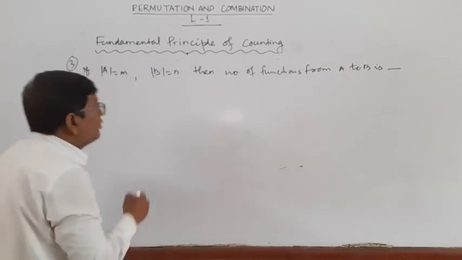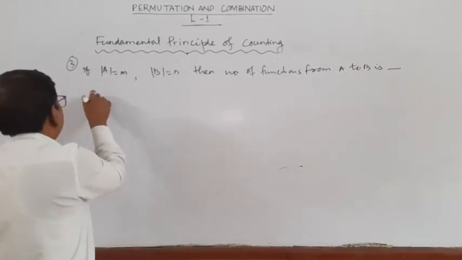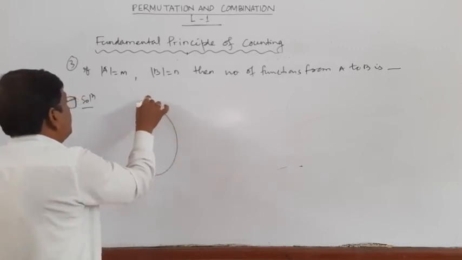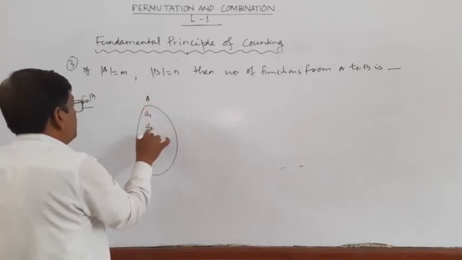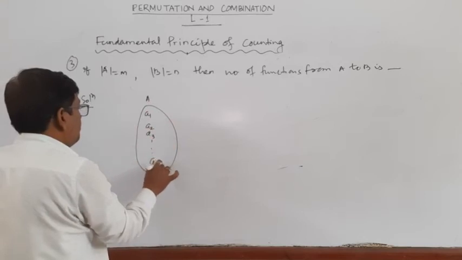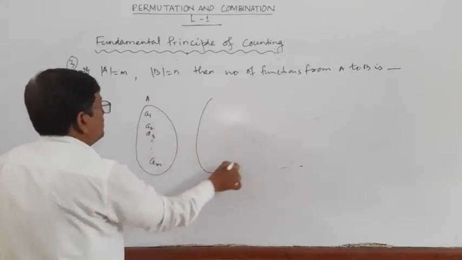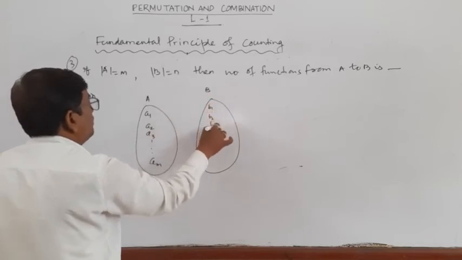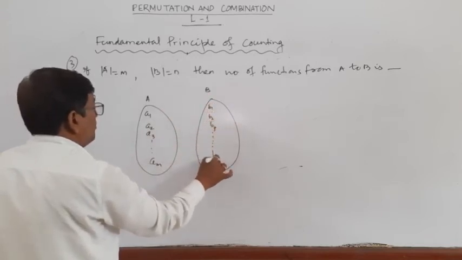Solution: suppose this is set A with elements A1, A2, A3 up to Am, and this is set B with elements B1, B2, B3 up to Bn.